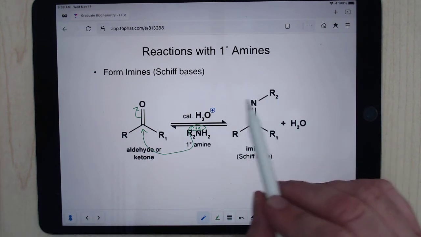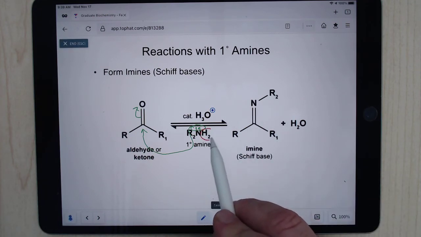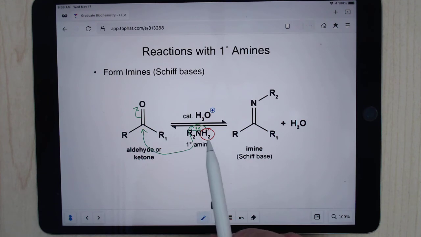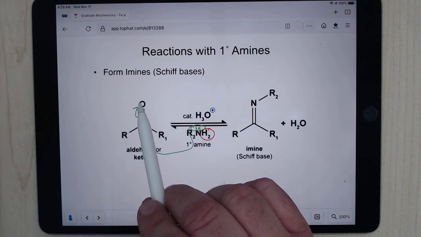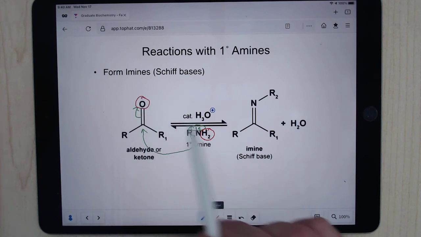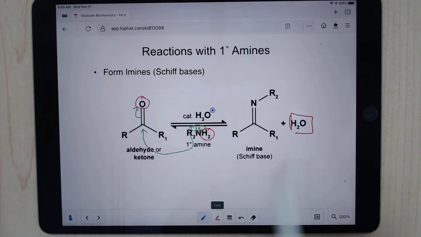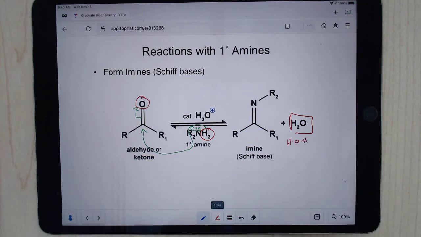And so what ends up happening is this nitrogen is going to come in and replace this oxygen here, okay? And this oxygen and these two hydrogens are going to come together to make this water molecule, okay? Because remember, it's HOH there, okay?